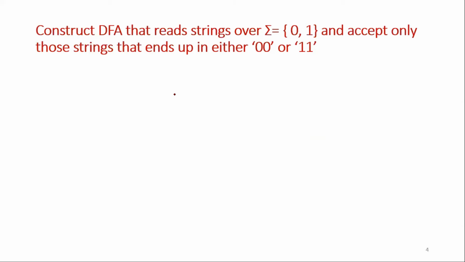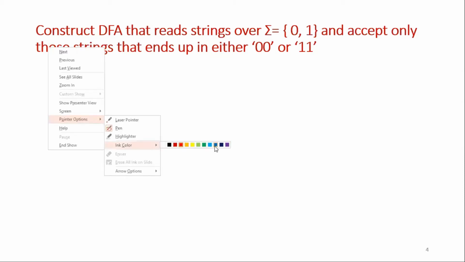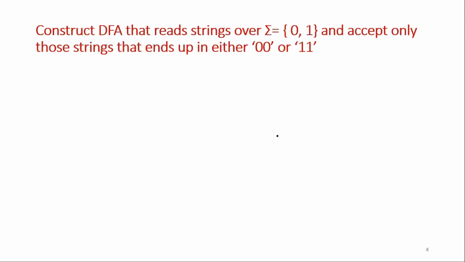So it will accept strings of the form: 0 0, 1 1, then 1 0 0, then 0 0 0, then 1 1 1, 0 1 1 and so on.